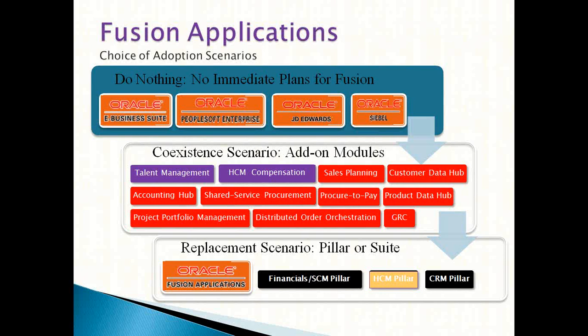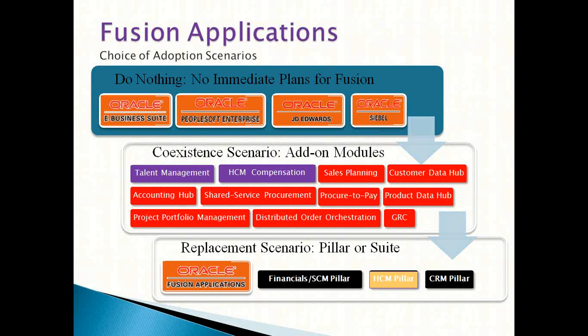So that is what is the coexistence model. And replacement of a pillar or a suite of applications. That means a customer may be having e-business financials, e-business HRMS, e-business CRM applications, all are on e-business.